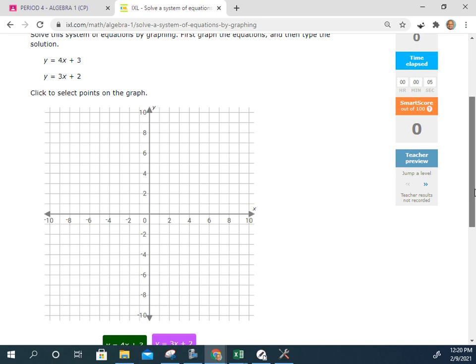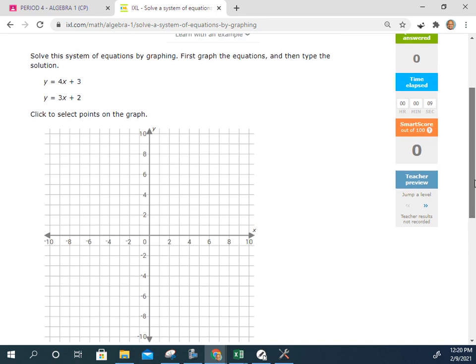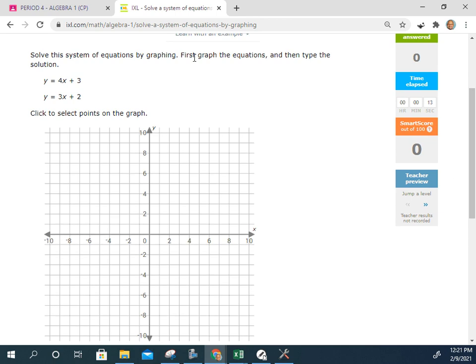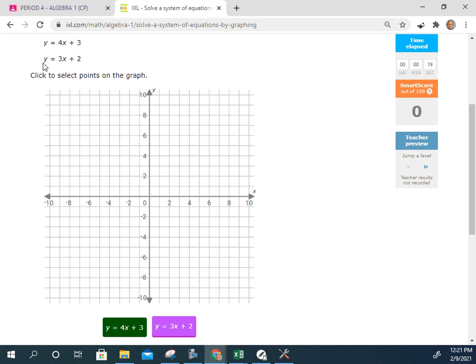So here's an example of a problem they're going to ask you to solve. Solve this system of equations by graphing. First, graph the equations, and then type the solution. So you have y equals 4x plus 3 and y equals 3x plus 2. You need to do each equation separately.